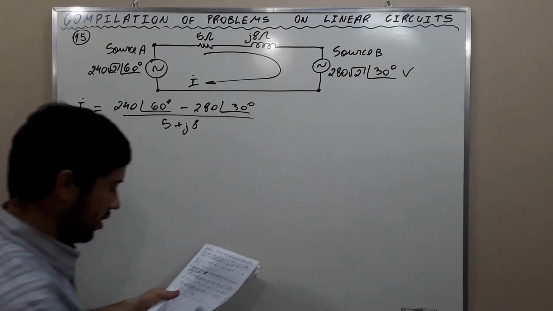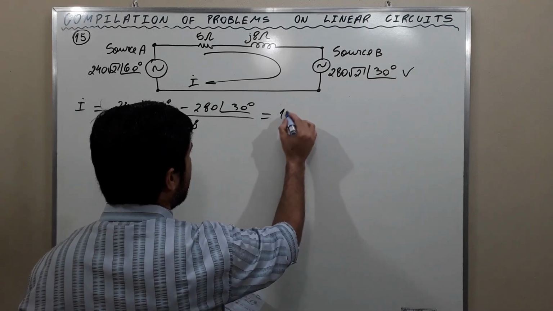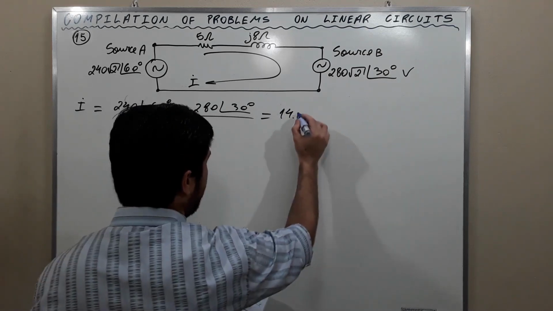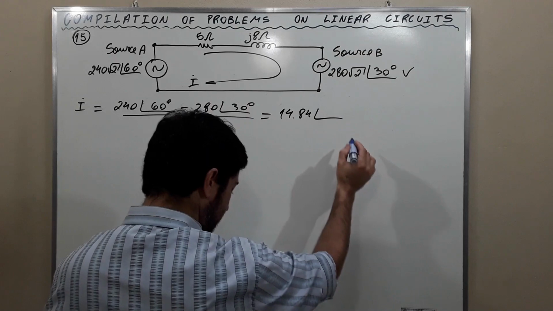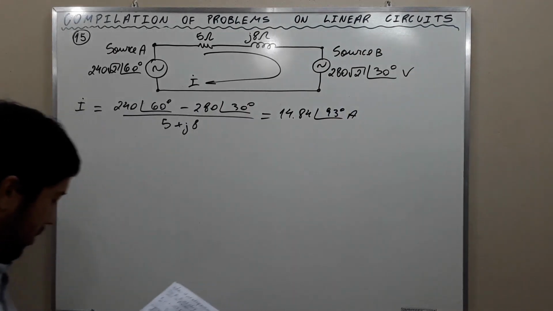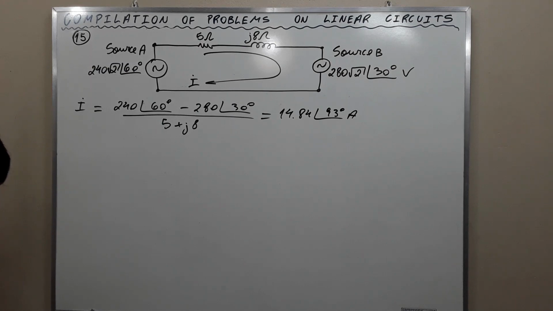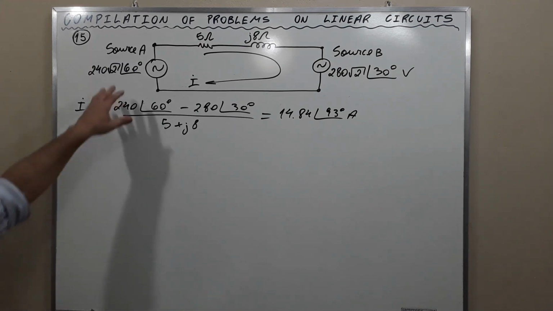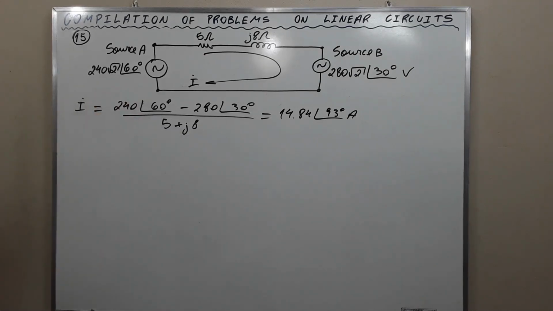And in this way, we find a current of 14.84 phase 93 degrees amps. The current of the circuit, taking source A as reference, is 14.84 phase 93 degrees amps.